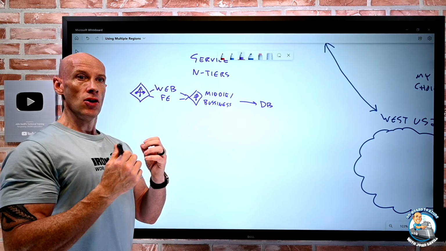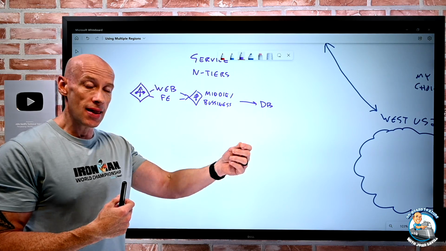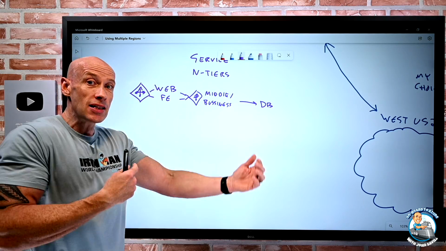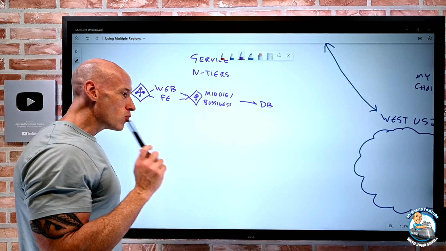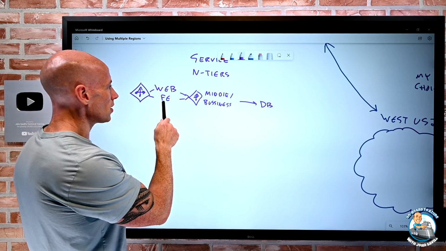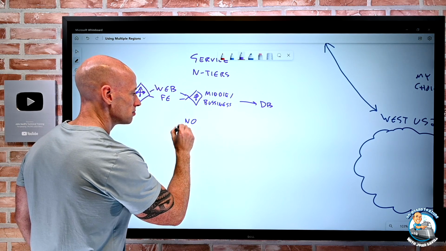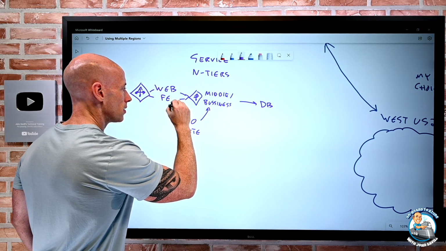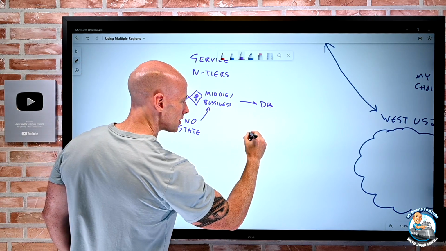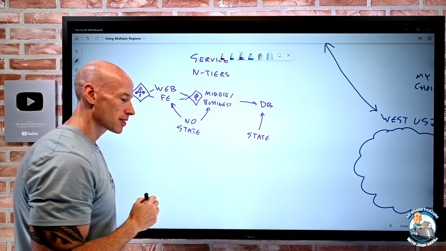The state is where's the data that I need in the other region if I failed over, or I need to be able to talk to all the time if I was active-active. And most commonly, if I look at the web tier and the middle tier, there is no state that I really care about. The state is there in the database.